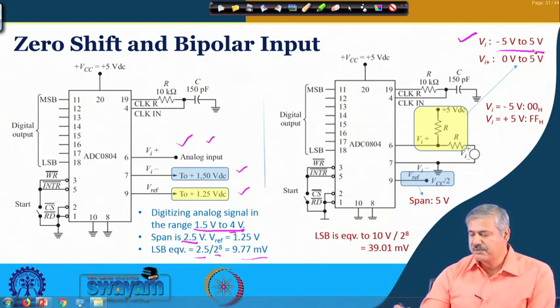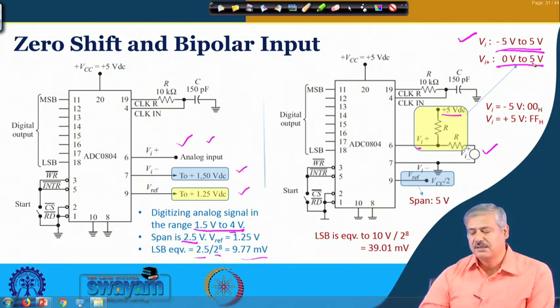And we connect a circuit like this, a plus 5 volt DC supply and a resistance network. Through this resistance divider network, if you calculate, you can see that when Vi changes from minus 5 volt to plus 5 volt, this Vi plus changes from 0 volt to 5 volt.